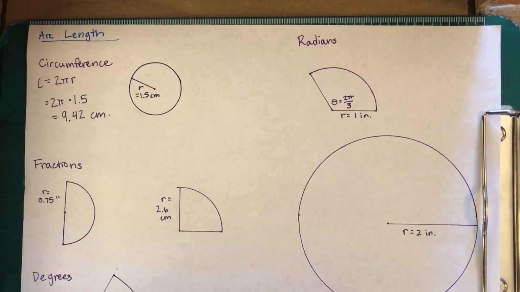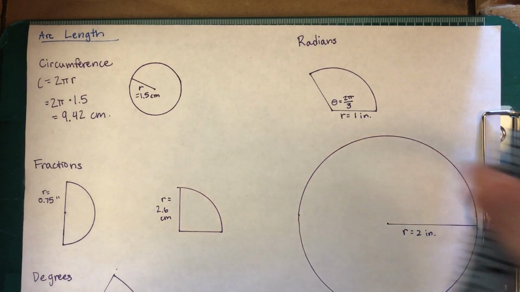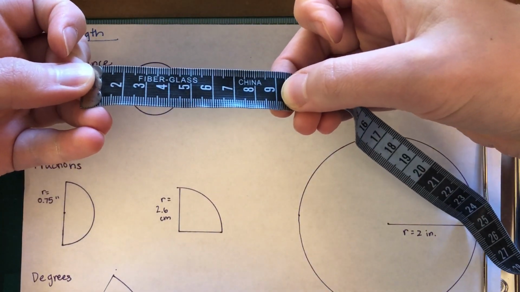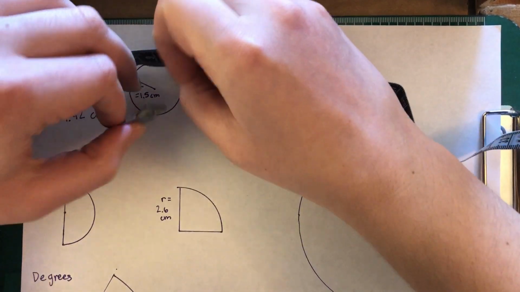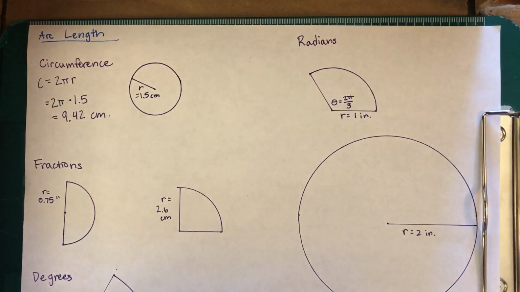Okay, so even though this circle looks pretty small, if I were to measure around the entire thing, it would be about 9.4 centimeters to wrap around this circle.